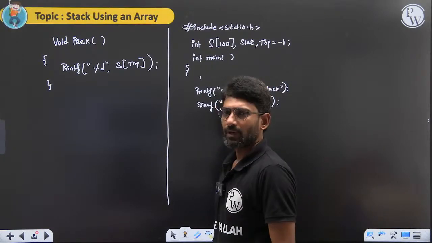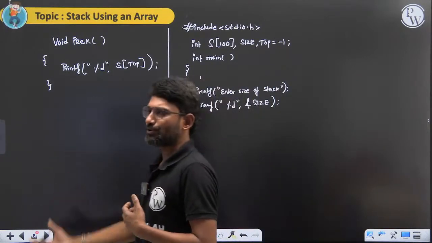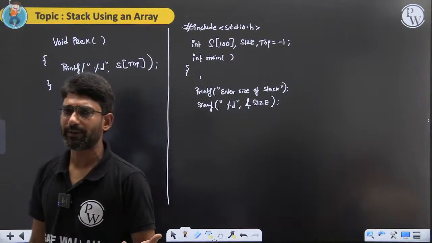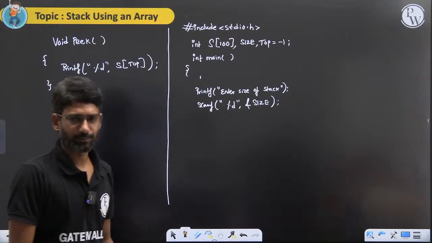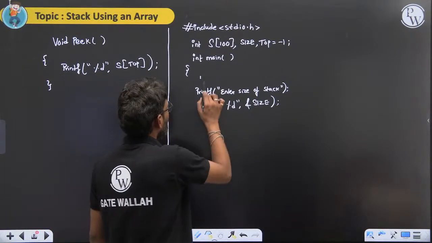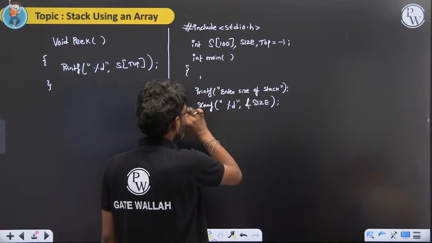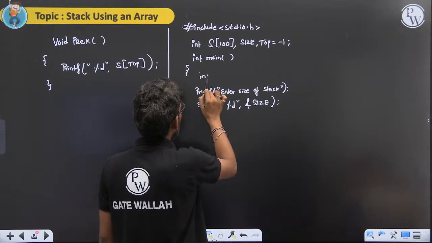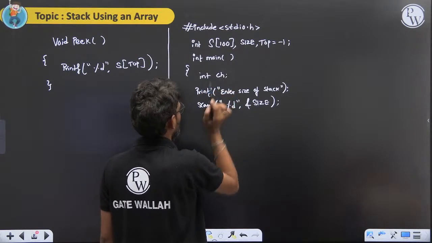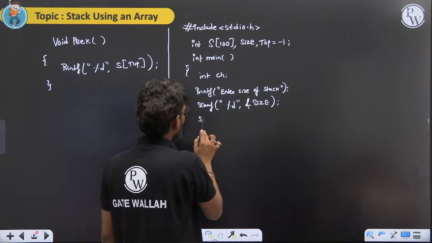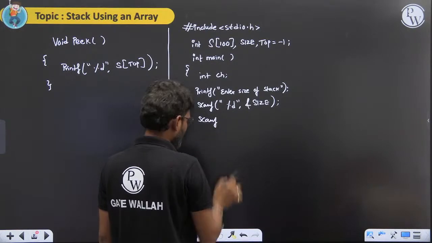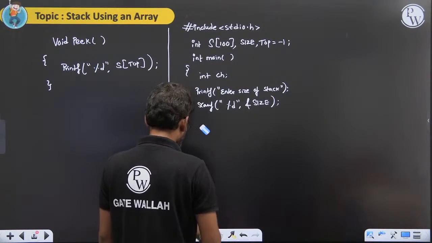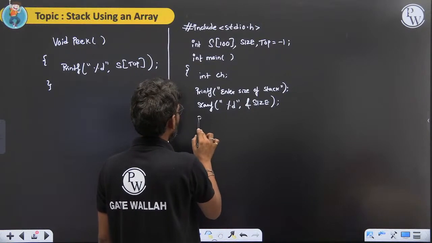Now I may want to perform push operation or pop operation or peek operation. So I am taking the choice, int ch, like what operation you want to perform.